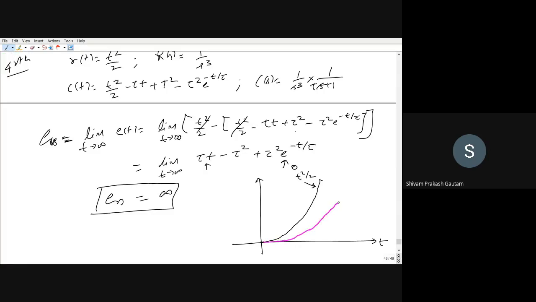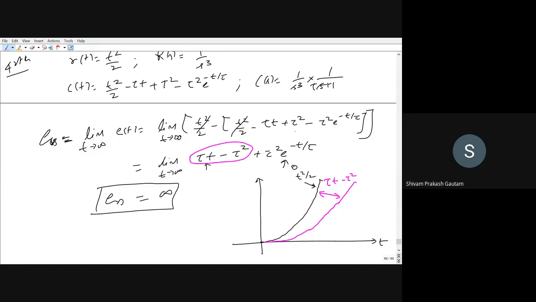You can see the gap will always be increasing. And what is this gap? This gap is tau t minus tau square. This is the error, the steady state error. This will be increasing, and at steady state you can say that the error is infinite.